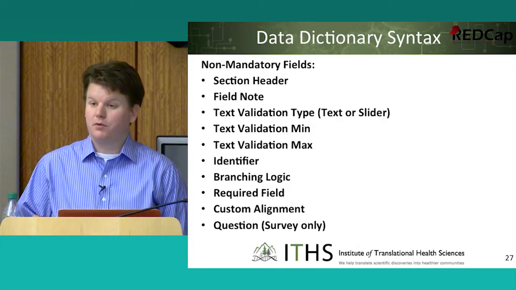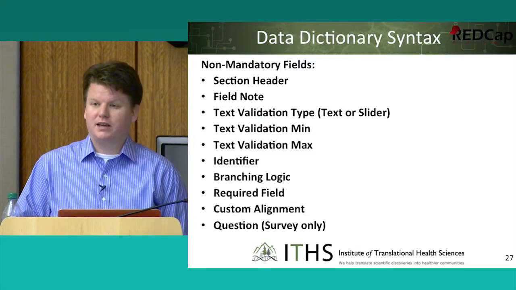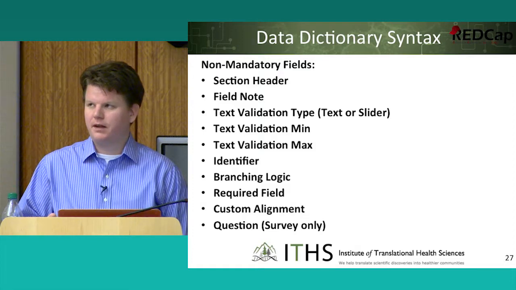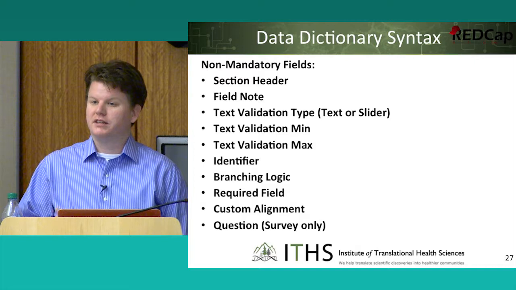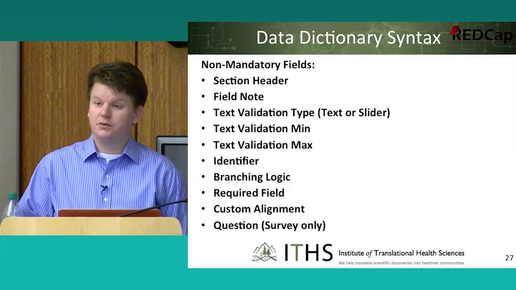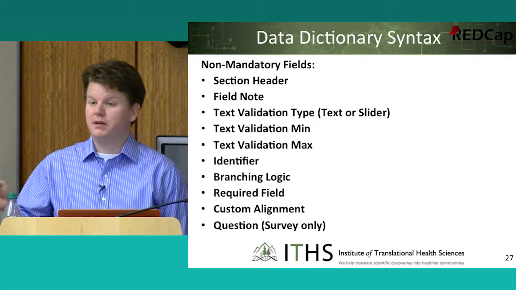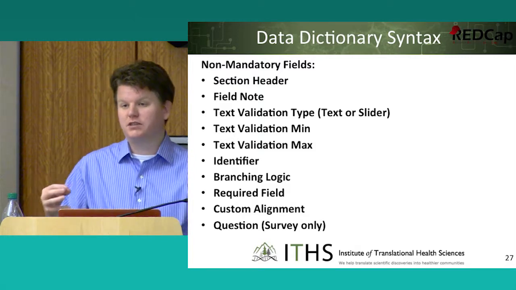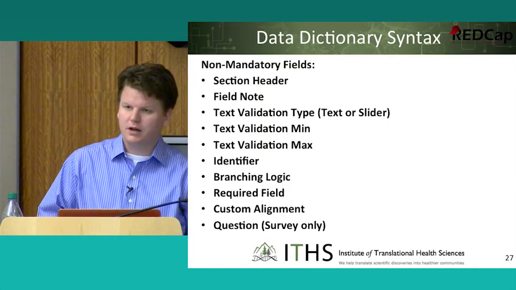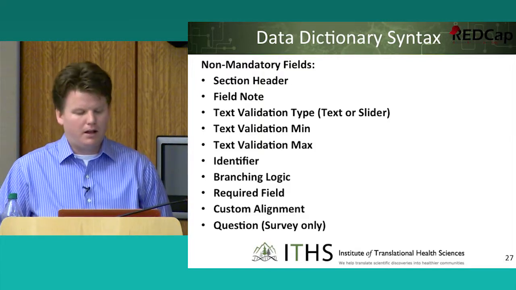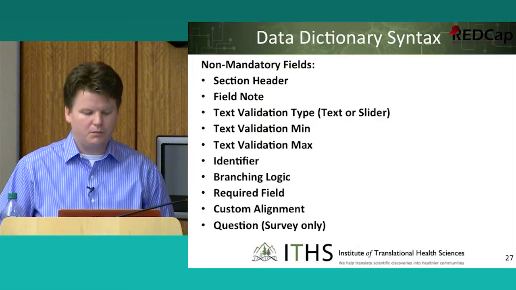For instance, if you have a couple of short options, say yes, no, maybe, by default REDCap places them underneath each other, so yes, no, maybe sequentially. However, that takes up a lot of real estate on the space, so you might want to order them yes, no, maybe next to each other, which only takes up a single row. It's kind of handy to mess with the custom alignment. It's just a way to tweak your project a little bit more.